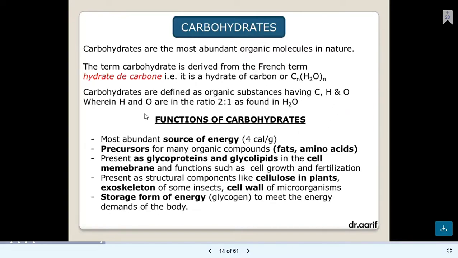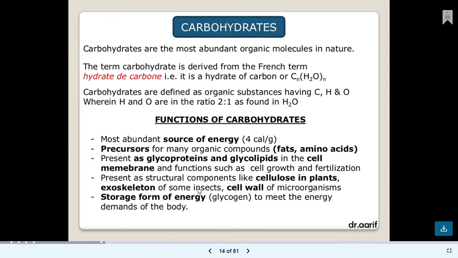So the functions of carbohydrates are that they are the most abundant source of energy, and the precursors for many organic compounds like fats and amino acids. They are present as glycoproteins and glycolipids in the cell membrane, with functions like cell growth and fertilization. They are present as structural compounds like cellulose in plants, exoskeleton in some insects, and the cell wall of microorganisms.